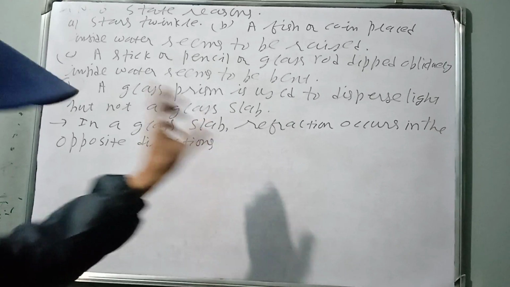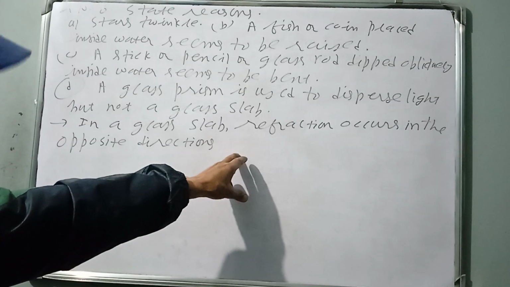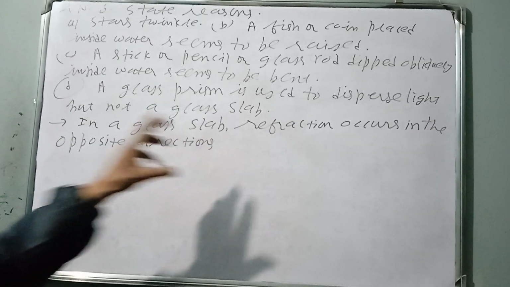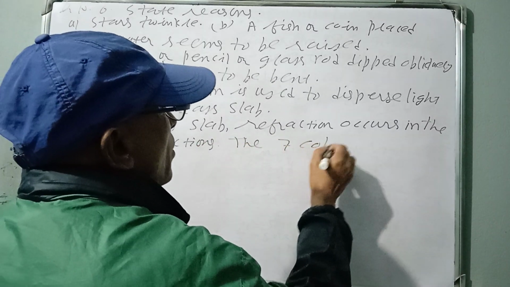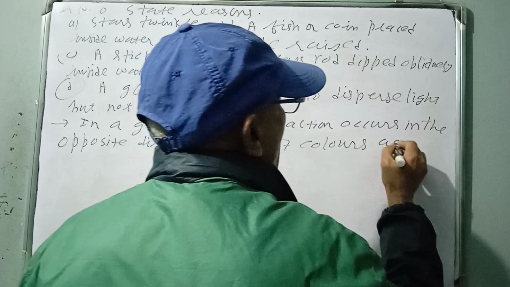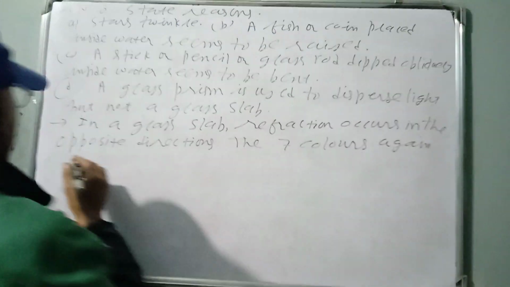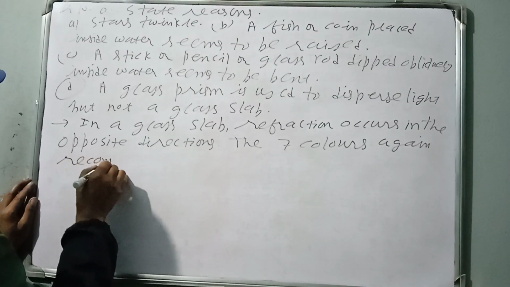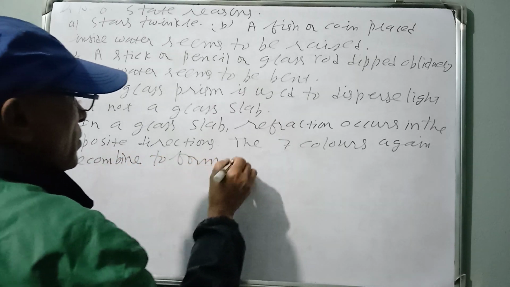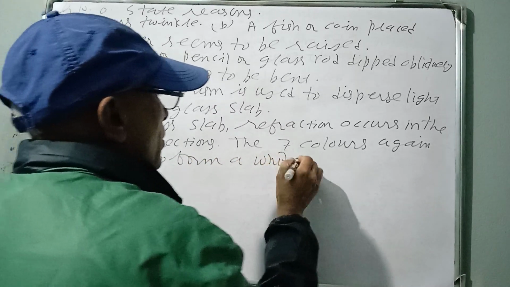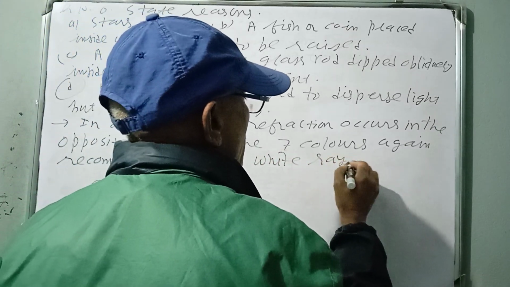In the glass slab also, light splits into 7 colors, but the 7 colors again recombine to form a white ray.